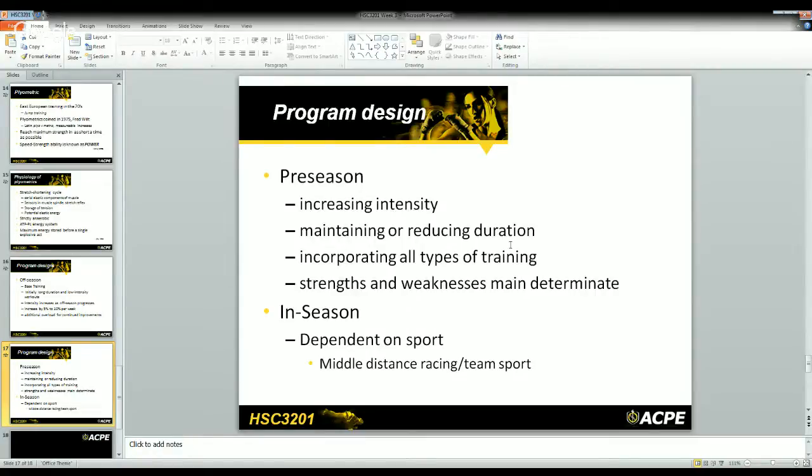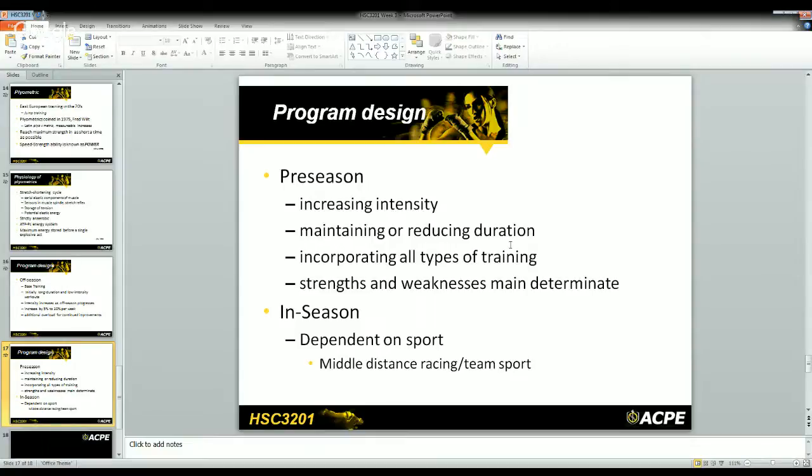Now, once we come into in-season, it's pretty much just looking at speed and agility, focusing on team sport. Of course, long distance is going to be different, but we'll focus more on team sport. In team sport, it's going to have to be acceleration and deceleration, because a lot of times you've got to run fast, then you've got to be able to decelerate and reverse.